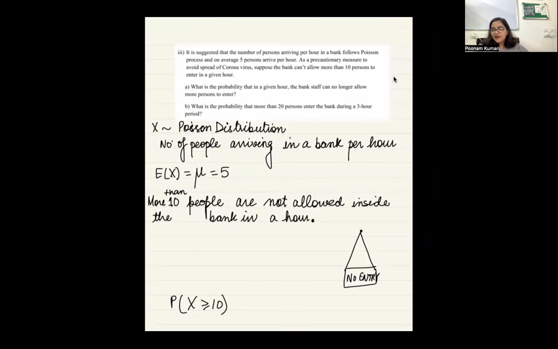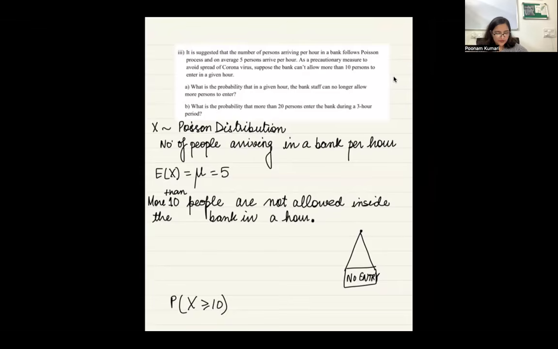So if 10 people are in, it will still not allow, right? Yes, ma'am. From the moment he enters, they'll put the board and say no entry allowed. So we should include 10 here as well. So the moment you have 10 people in the bank, we are saying it's done. We can't allow more people. So what are we supposed to find? The probability that X is greater than or equal to 10, right? Is that okay?